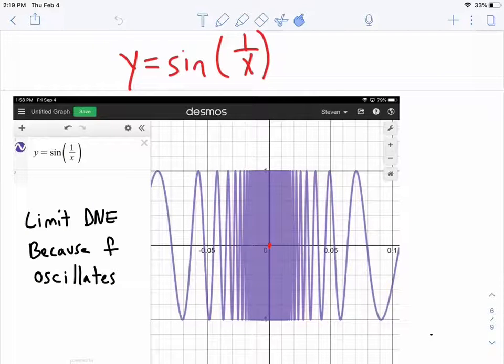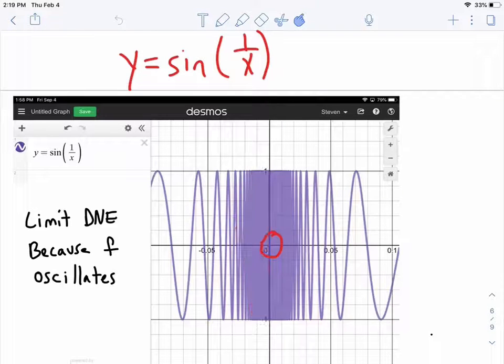And so what happens to sine of 1 over x as x approaches 0? Of course, you're dividing by 0, and you can't do that as you get close to 0. So what's actually happening here and why it looks like it's all shaded in is this graph is bouncing up and down a whole bunch of times between 1 and minus 1.